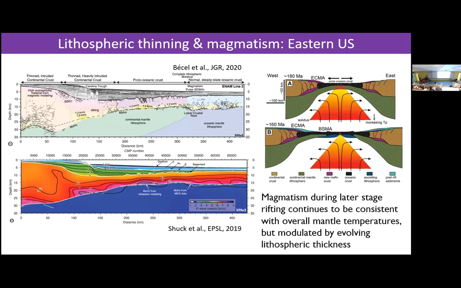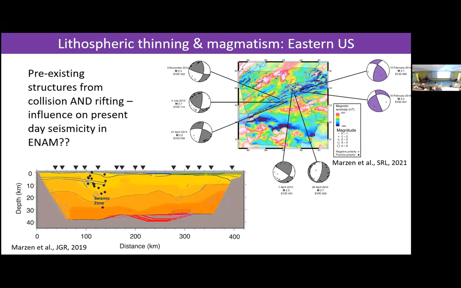But what they are able to observe is a pretty complex pattern of magmatism and stretching, where you have these higher velocities at the edge of the margin, kind of like our classic magmatic rifted margin, but then this very thin and heavily faulted crust, followed by a much thicker one. And then it's kind of the evolving stretching and final rupture of the lithosphere modulated the magmatism throughout the entire rift story.